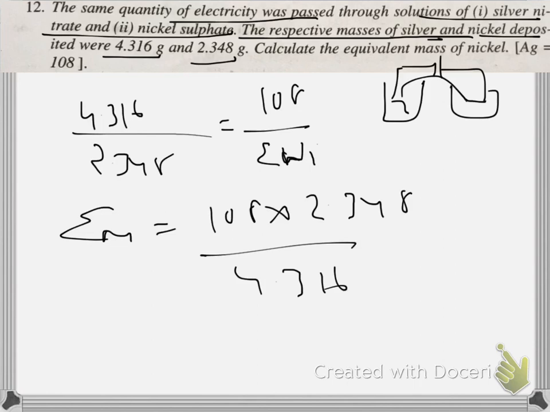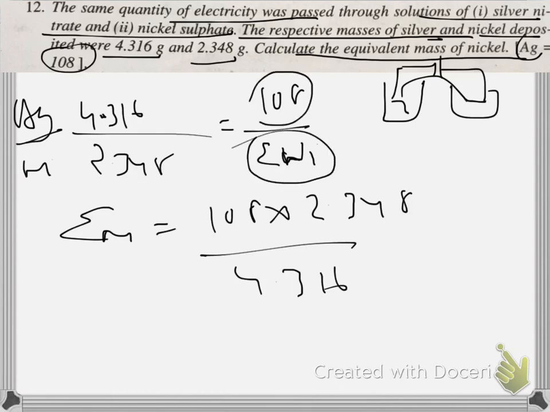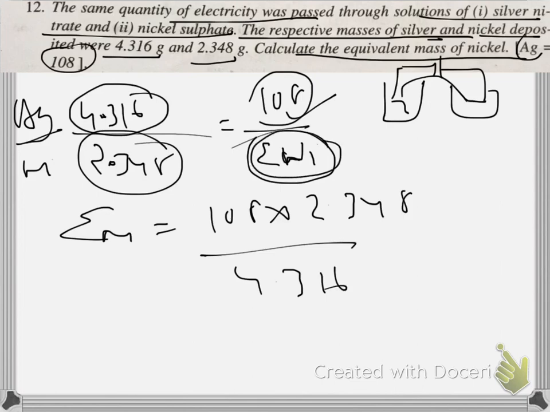So you have to calculate the equivalent mass of nickel. Silver is 108 gram. Mass of silver by mass of nickel equals equivalent mass of silver by equivalent mass of nickel. Mass of silver is 4.316, mass of nickel is 2.348, equivalent weight of silver is 108, then equivalent weight of nickel is found by cross multiplying.